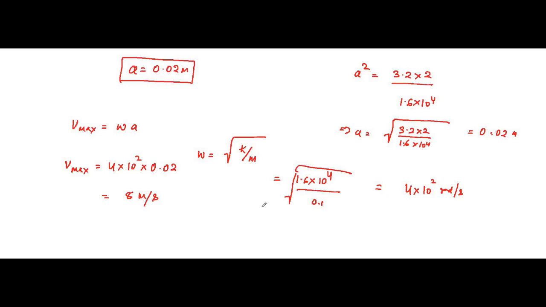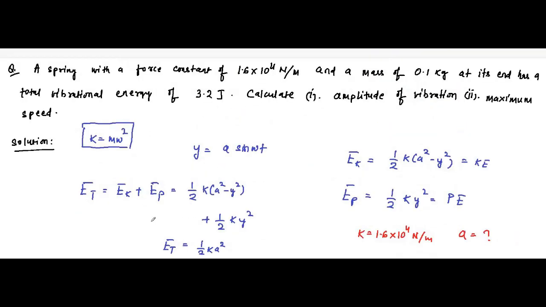So the two things that were asked: first, the amplitude of the vibration, which is equal to 0.02 meter, and the maximum speed or velocity, which is equal to 8 meters per second. Here this is plus minus 0.02 on either side of the equilibrium position.